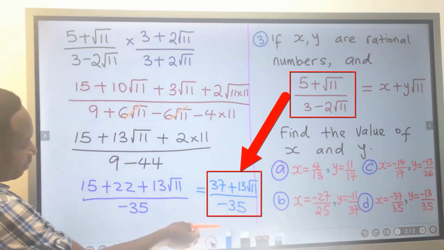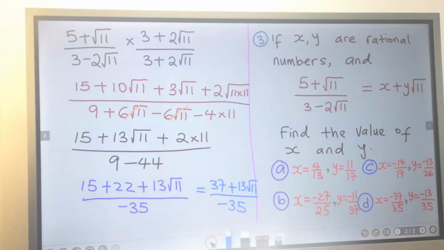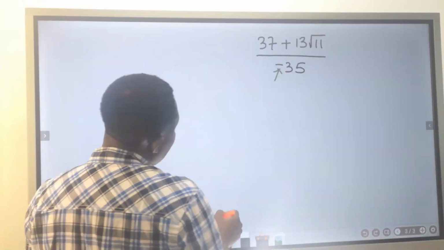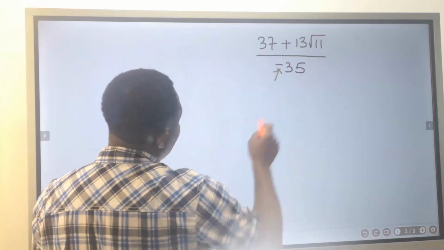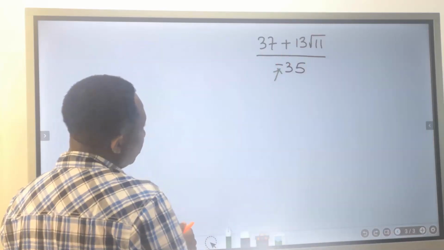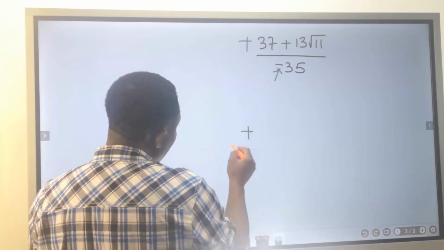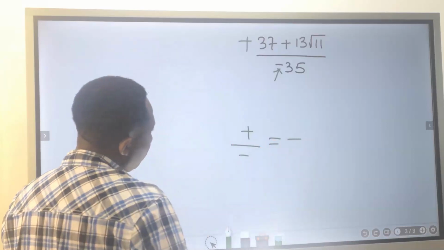Next, we're going to simplify this further before we compare both sides of the equal sign. This minus at the denominator will actually affect everything at the numerator, because plus divided by minus returns a minus.